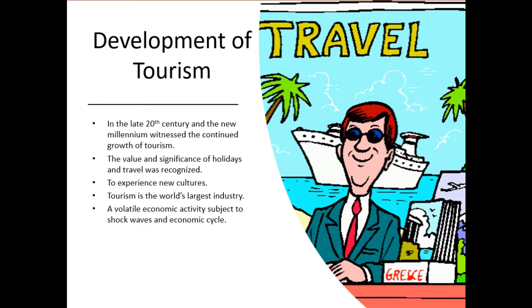And apart from the demands and needs, people also have disposable income, and they want to travel around, they want to learn new cultures, they want to see new things. Actually, people's curiosity is the main reason for the development and rapid growth of this industry.